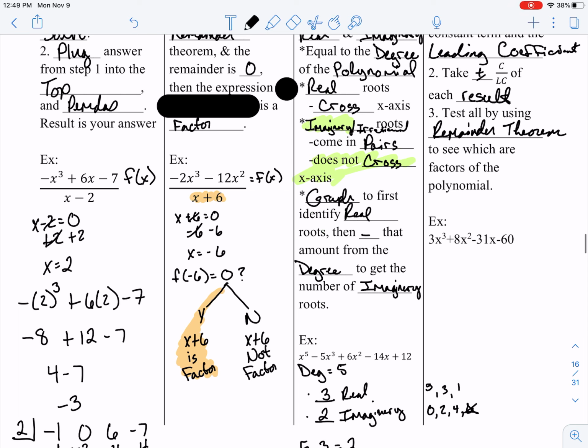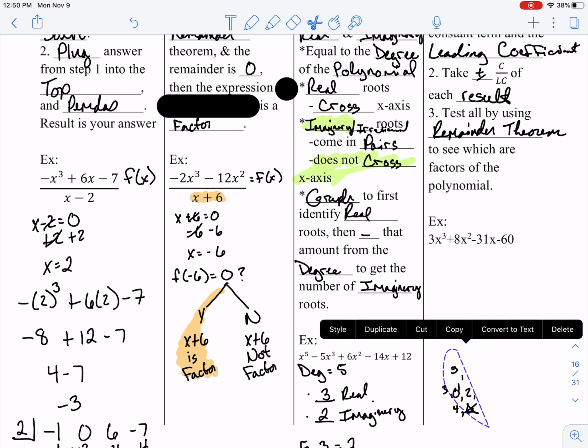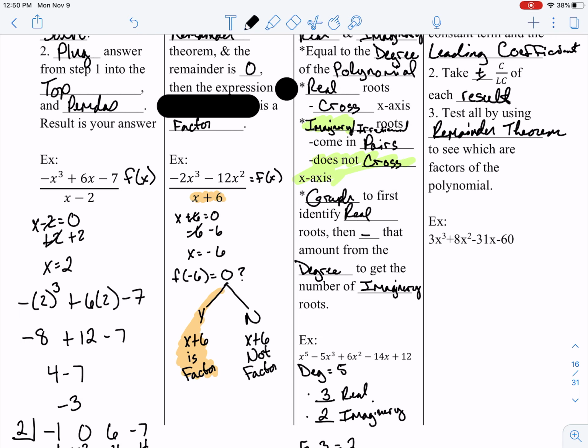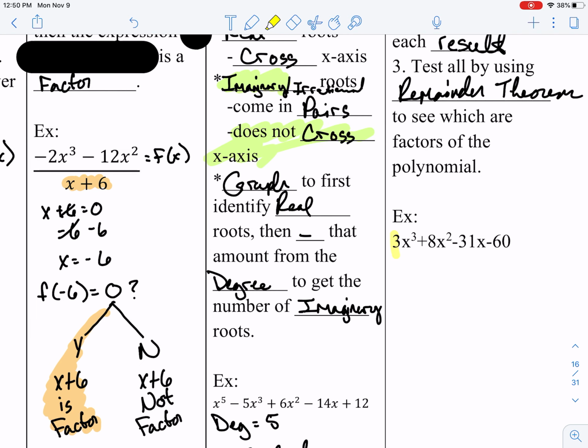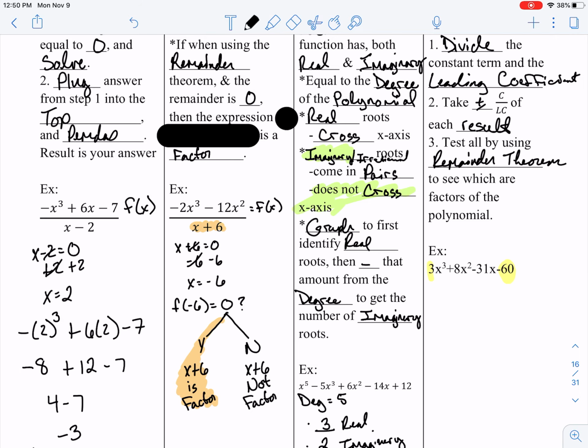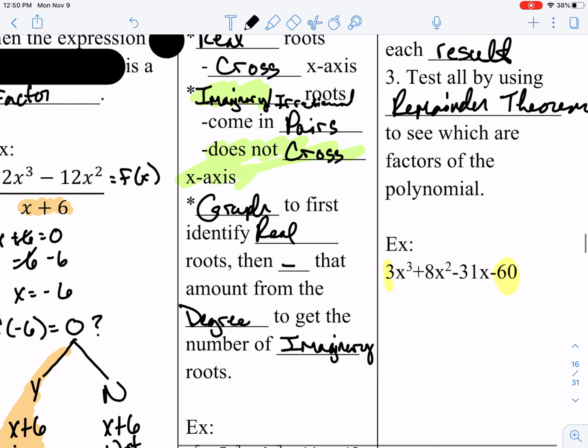So here, for example, my leading coefficient is 3. My constant is 60. So what you have to do is take every factor of 60.